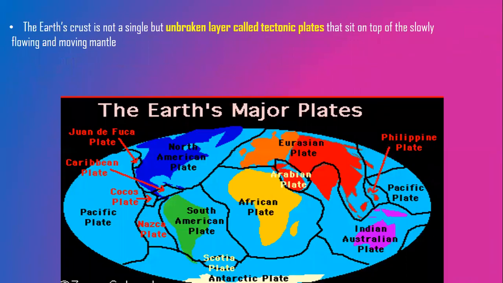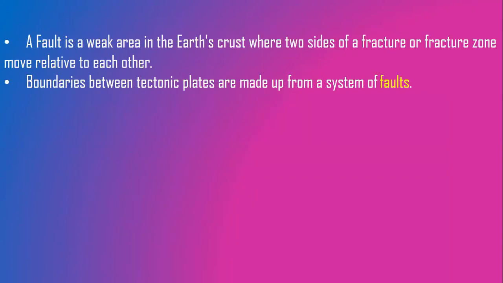The Earth's crust is not a single, unbroken layer. It is broken into tectonic plates that sit on top of the slowly flowing and moving mantle. Earthquakes occur when these tectonic plates meet each other. A fault is a weak area in the Earth's crust where two sides of a fracture or fracture zone move relative to each other.